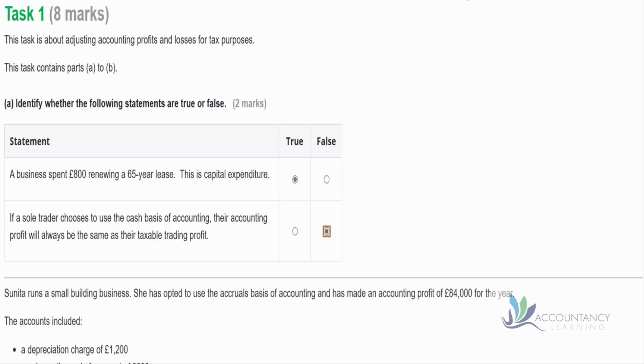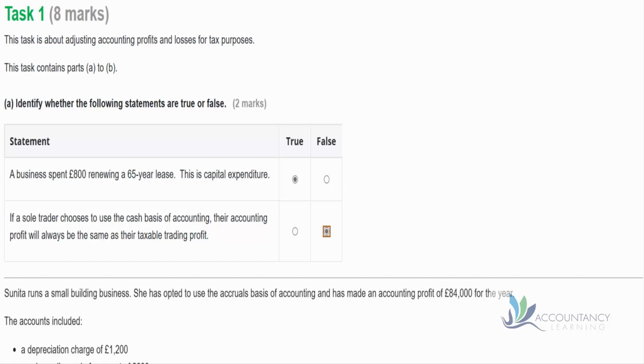It is a false statement because there are some items that would still be adjusted even if we're using the cash basis of accounting. So for example, cars are still treated as a capital item, and therefore we claim capital allowances for cars.